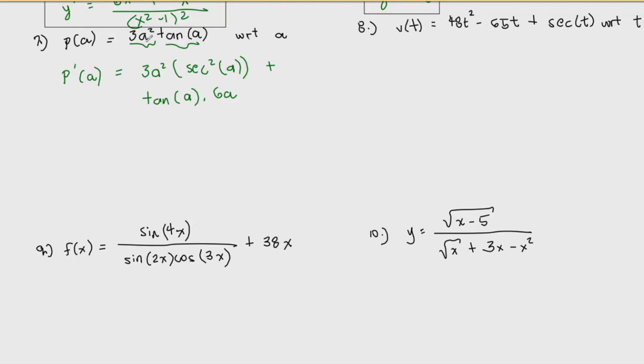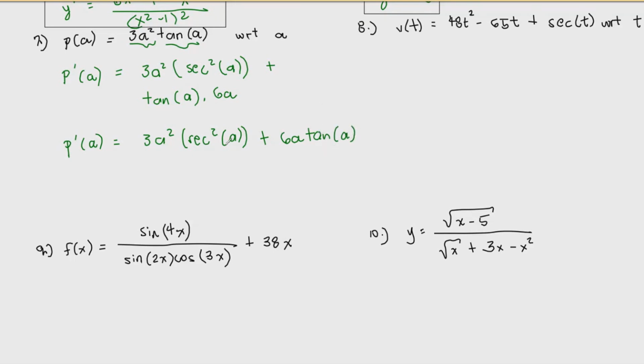So the answer here would be p prime of a is equal to 3a squared secant squared of a, and then added with 6a tangent of a.